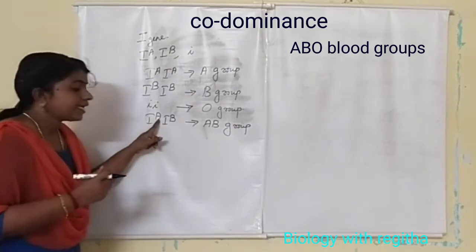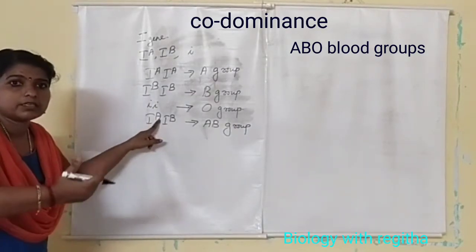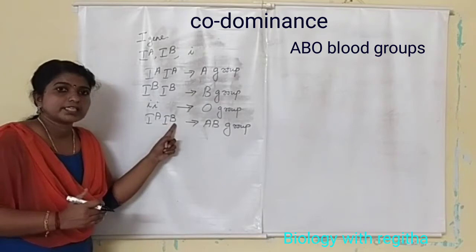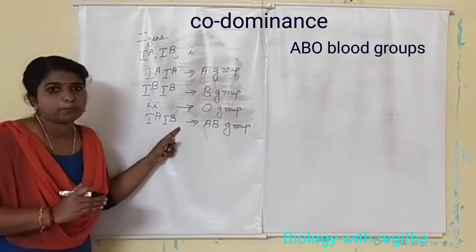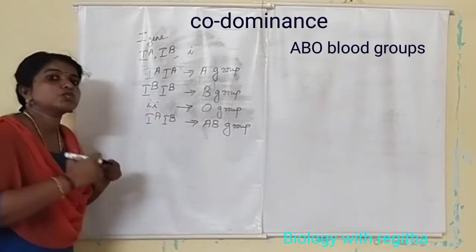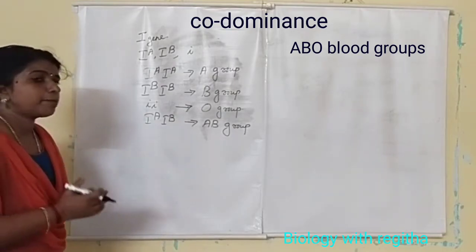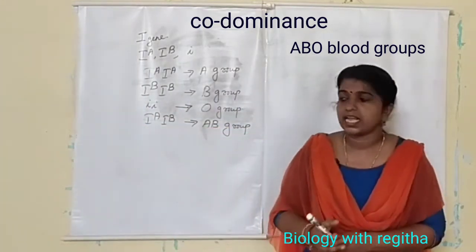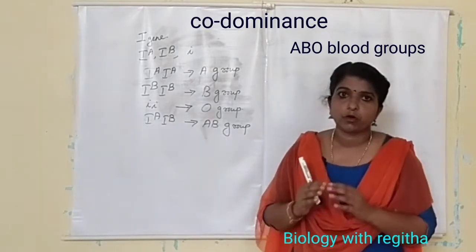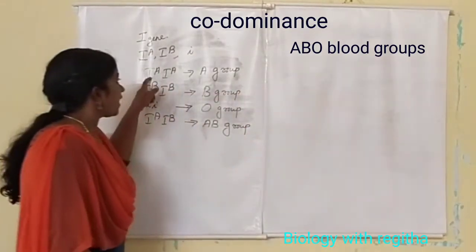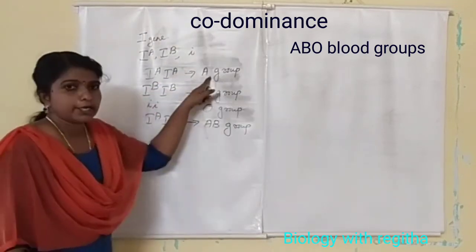Because IA synthesizes one type of sugar polymer, IB synthesizes another type of sugar polymer. That means both these express together, and that type of inheritance is known as codominance, expressed together. Okay, that is codominance.